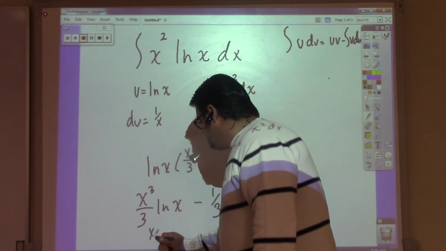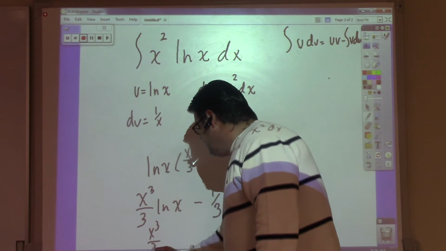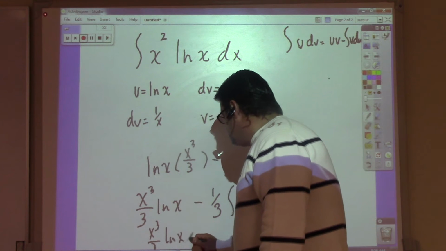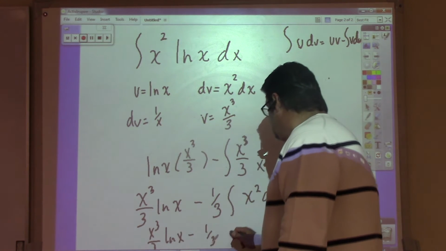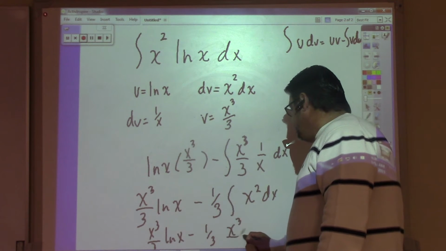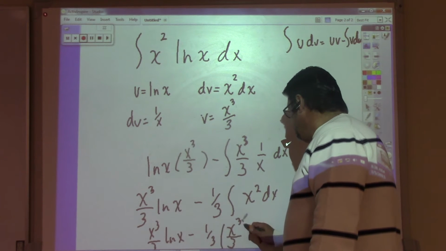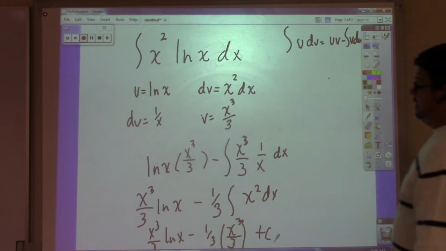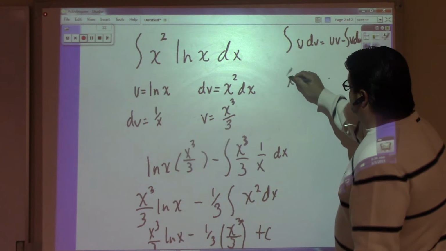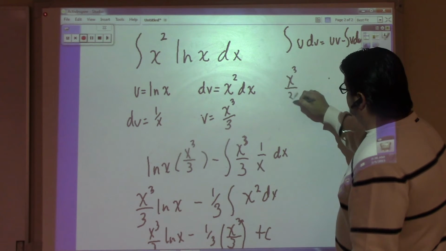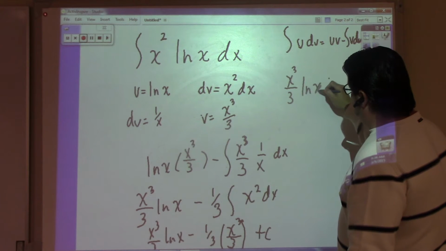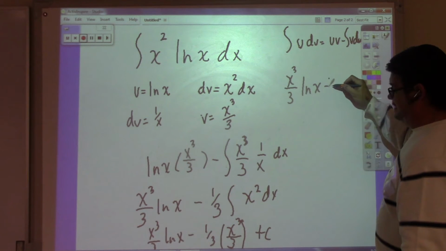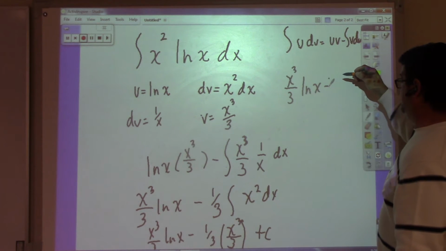And that's going to be x to the third over 3, natural log of x minus 1/3, x to the third over 3, plus c. And the final answer is x to the third over 3, natural log of x minus what? x to the third over 9.